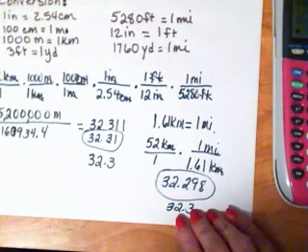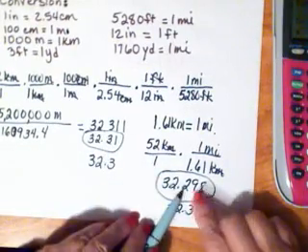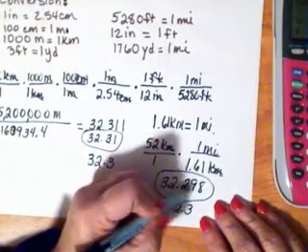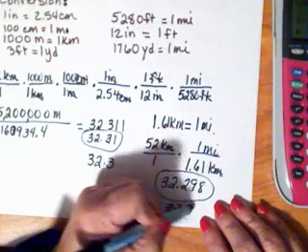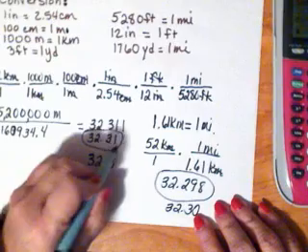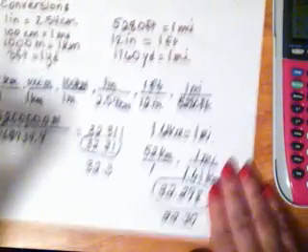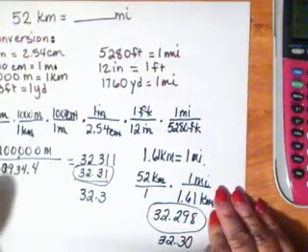Now, typically in my math lab, they say round to the nearest hundredth. So you can see that if you round this one to the nearest hundredth, this is going to make this go up 1. So this one's going to give you 32.30, and this one to the nearest hundredth was 32.31. So you'll get 2 different answers.